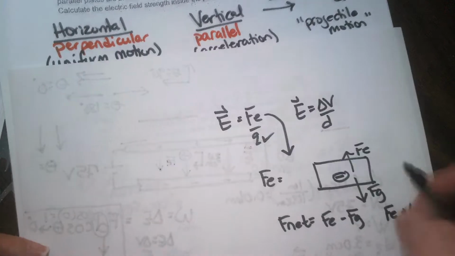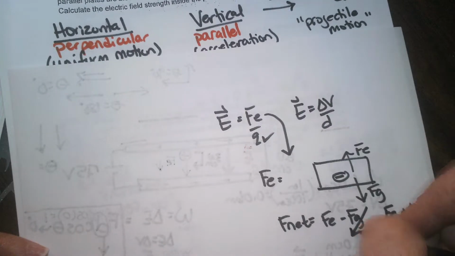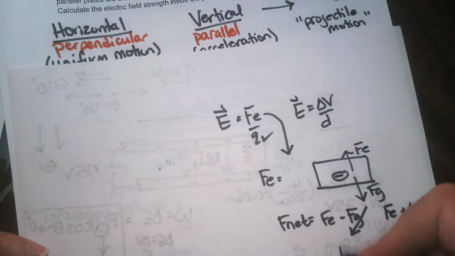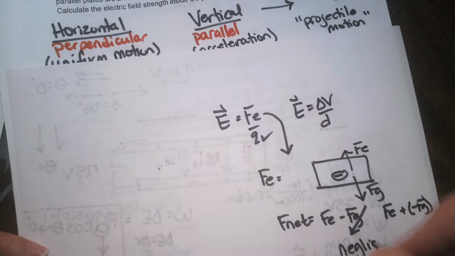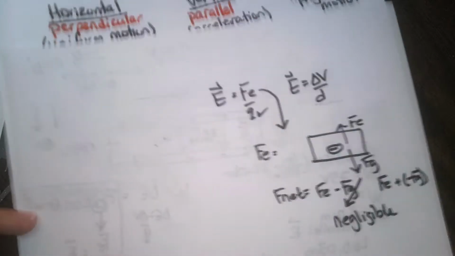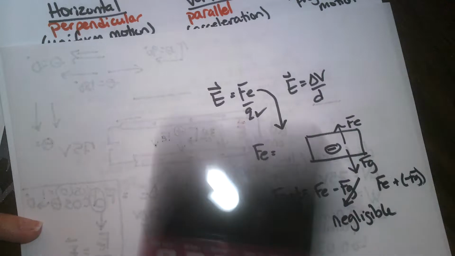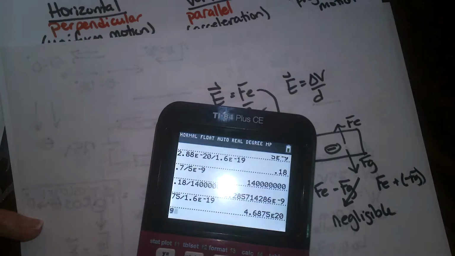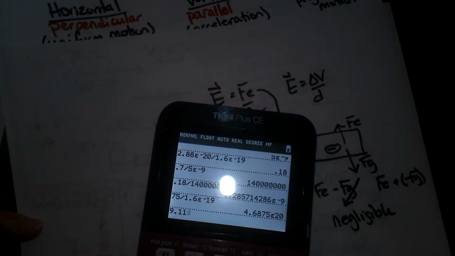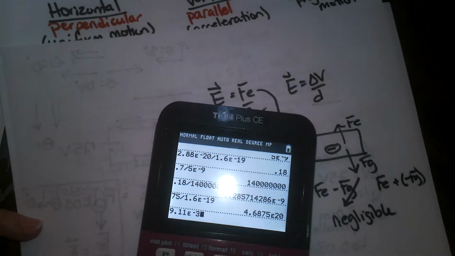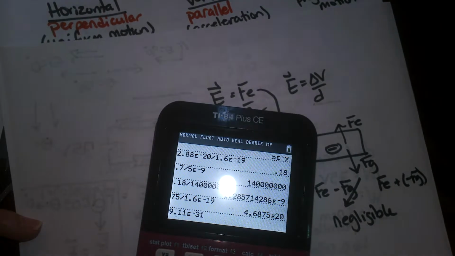When I look at this, force gravity is negligible, because how do I find force gravity? Mass of an electron is 9.11 times 10 to the negative 31.